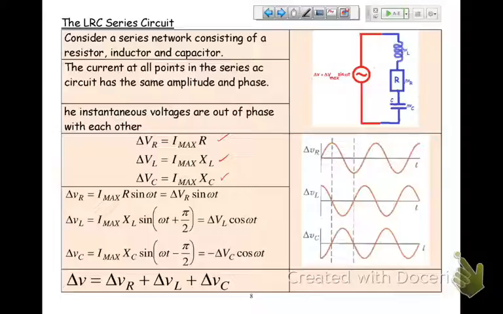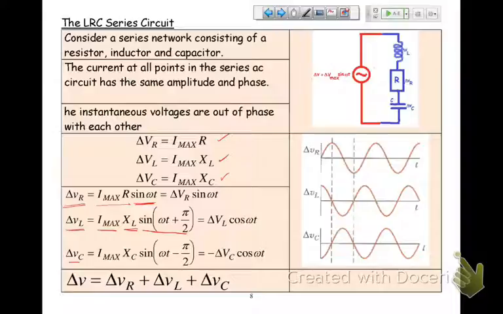So my instantaneous voltage across my resistor is my maximum current times R modulated by the sine omega t. And when I take my voltage drop across my inductor, then yeah, it's my maximum current times my reactance, but it's modulated by the sine omega t plus pi over 2.